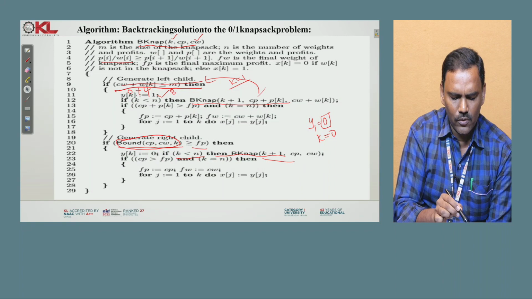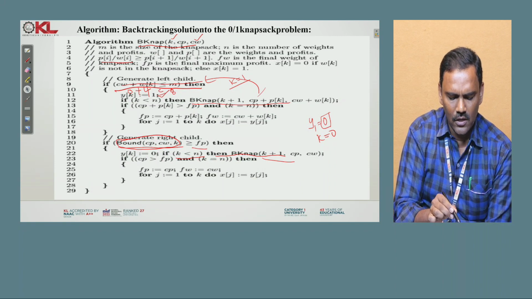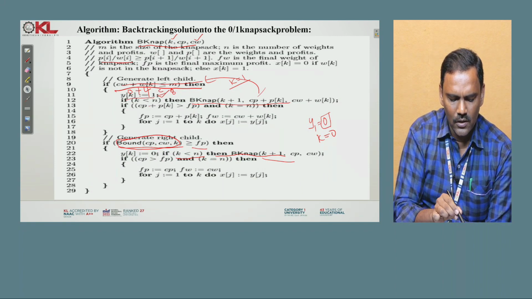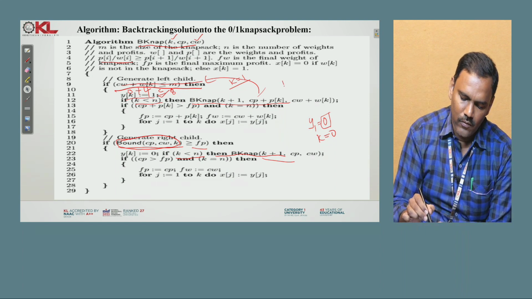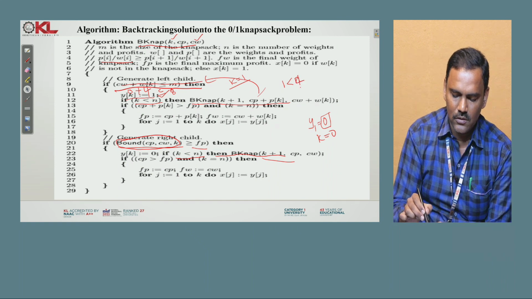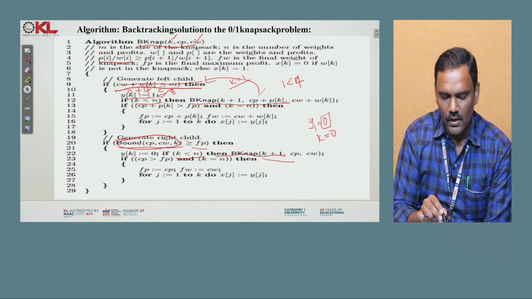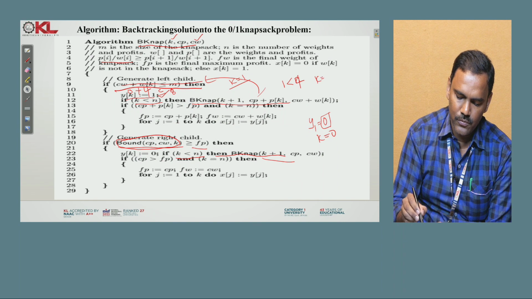Then 0 plus 4 is less than 8, so we consider K equal to 1. Then we are checking K less than or equal to N. Our K value is 1, and the N value we have taken is 4. That means 1 is less than 4, so we call K plus 1, which means K equal to 2.